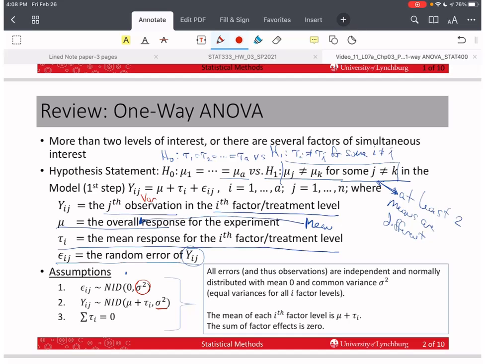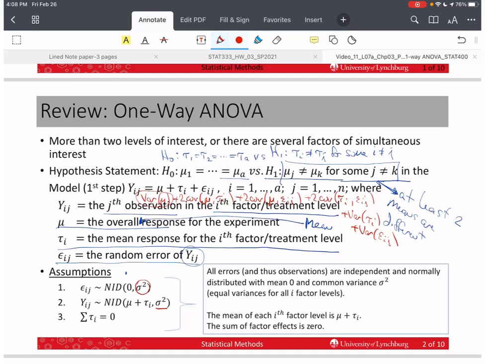You'll end up with the variance of mu plus 2 times the covariance of mu and tau i plus 2 times the covariance of mu and epsilon ij, plus 2 times the covariance of tau i and epsilon ij, plus the variance of tau i plus the variance of epsilon ij, and anything that has a constant in it is 0.